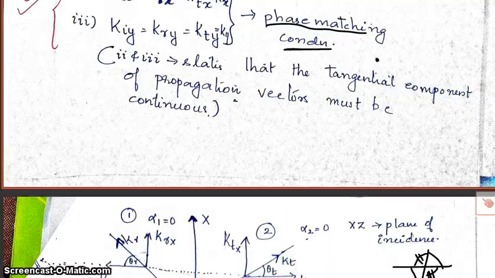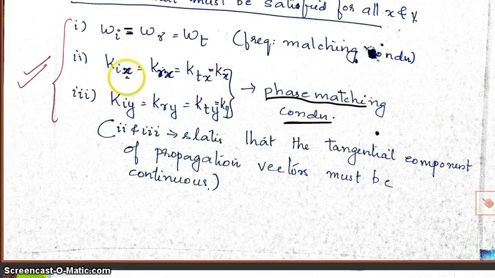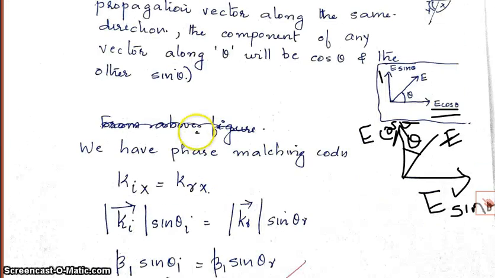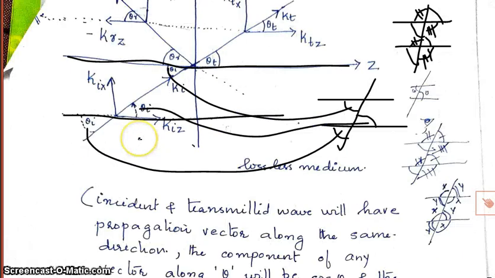And coming back to the condition that KIX should be equal to KRX should be equal to KTX, we will write here. I can write KIX, that is the propagation vector of the incident wave along the x-axis, is equal to the propagation vector of the reflected wave along the x-axis. Which I can write as modulus of Ki into sin theta I, right?